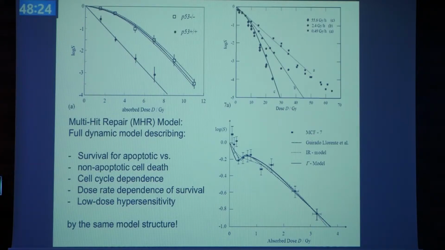We can explain in principle all the radiobiological observations, starting with cell cycle dependence, apoptotic versus non-apoptotic cell death, dose rate dependency, or even low dose hypersensitivity, by the same model. And to my knowledge, it's the only model which is covering all these things with the same mathematical structure.